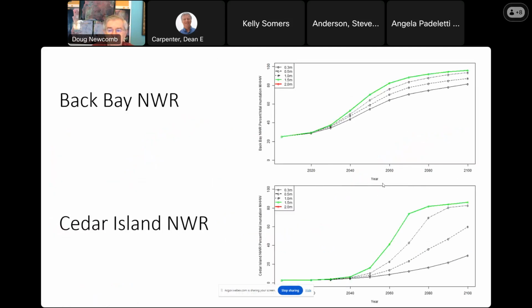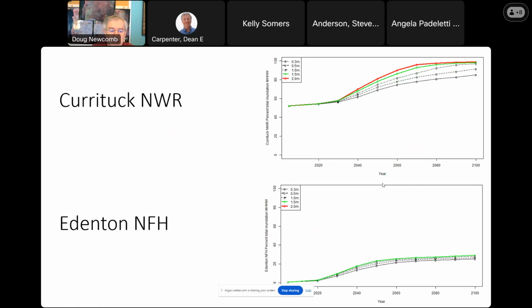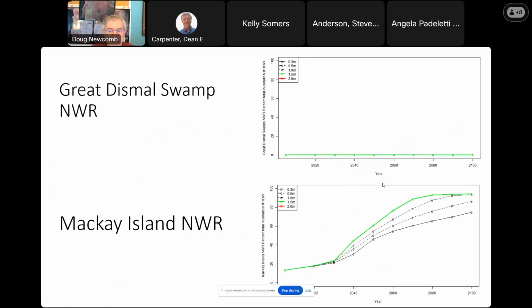So Back Bay National Wildlife Refuge is going to be severely impacted. Cedar Island, of course, Currituck, and the Edenton National Fish Hatchery will be somewhat impacted as well. Dismal Swamp will hardly be impacted at all. It seems to be above the sea level rise models. Mackay Island will be significantly impacted.